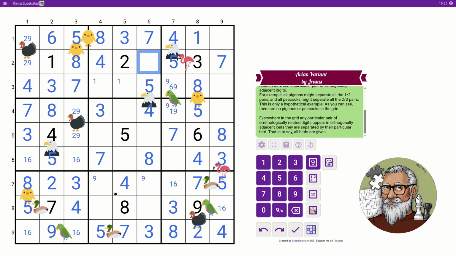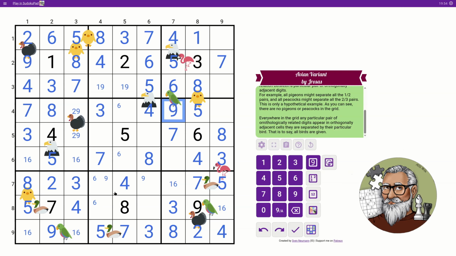That's 9. That's 2. This one should be resolved. It's a 6. Those are 1 and 9, aren't they? 1 and 9. So this becomes a 6. That is a 9.